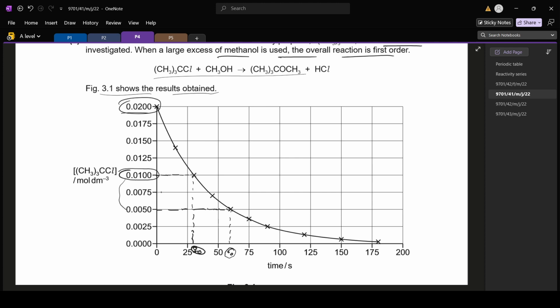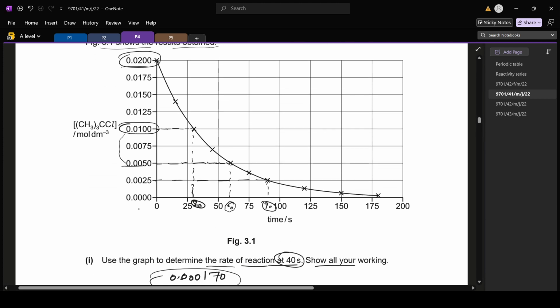Then for the third half-life, half of 0.05 gives 0.025, and you will get approximately 90. So you can see the first half-life is 30, then 60 for the second, and then 90.